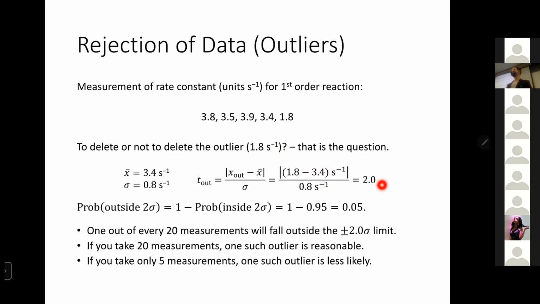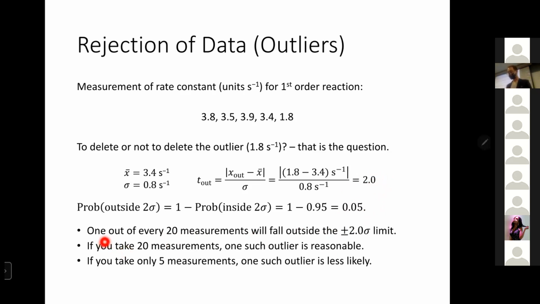So basically, this outlier is 2 standard deviations away from the mean of the set of measurements. Okay, and as we saw from our previous discussion of the Gaussian distribution, 2 standard deviations corresponds to approximately the 95% confidence interval. So there's about a 5% chance that a measurement would fall more than 2 standard deviations away from the mean.